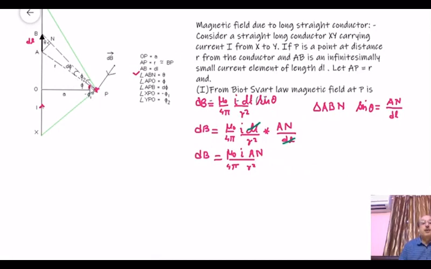Now phi is the angle from the minimum distance OP to the element AB, and element AB is making a very small angle d phi.